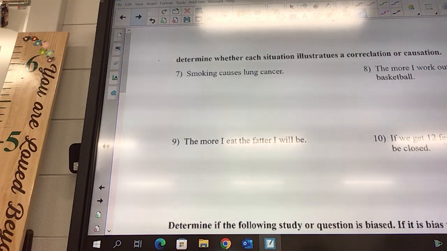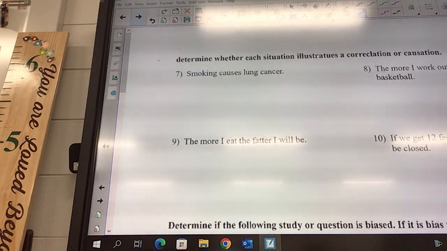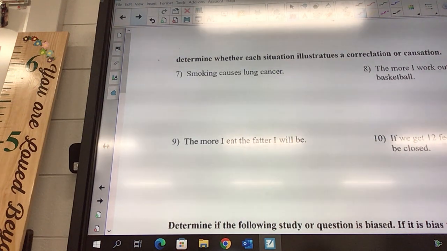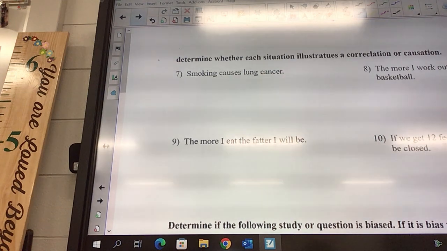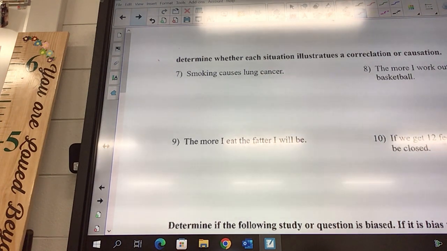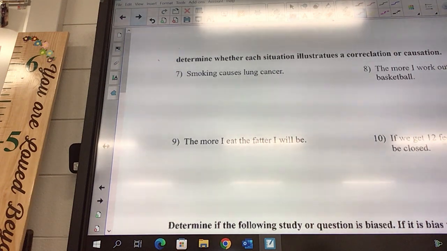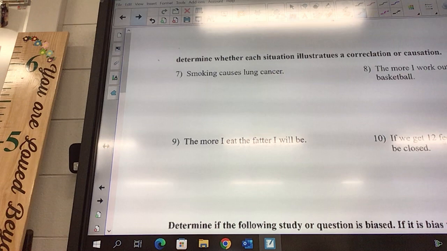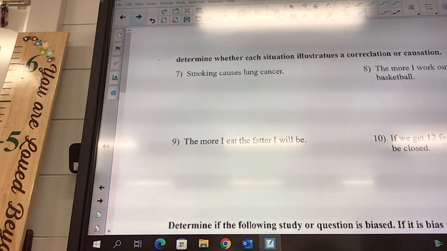You can't necessarily say one's caused by the other, because I can get better at basketball because I'm practicing more, but is that guaranteed for everyone? It means it's the same result for everyone, no matter who they are, no matter how young or old. So, that is where the difference will be.